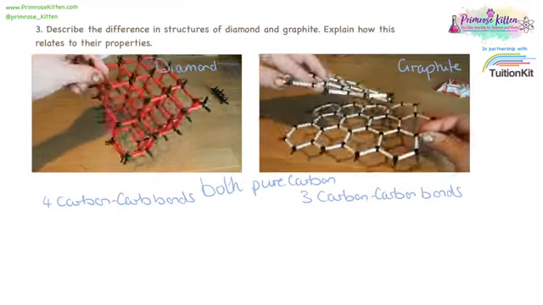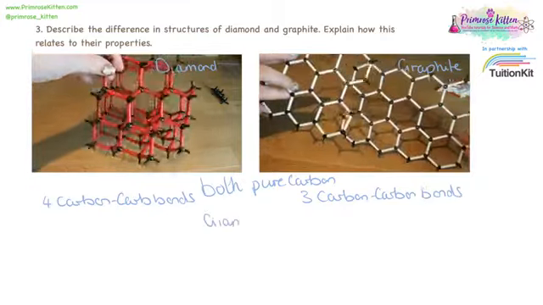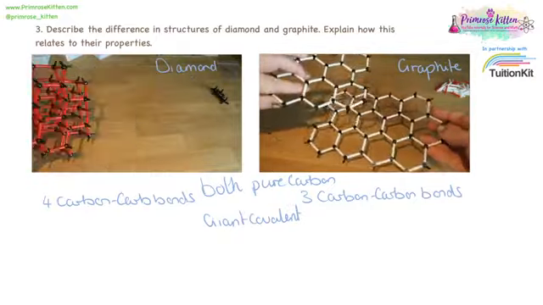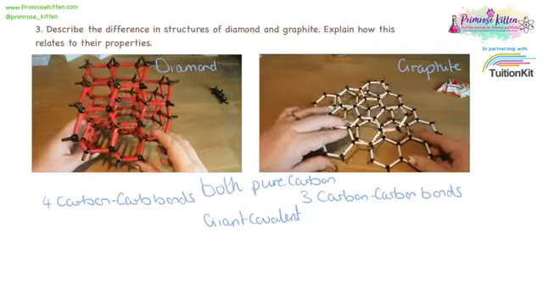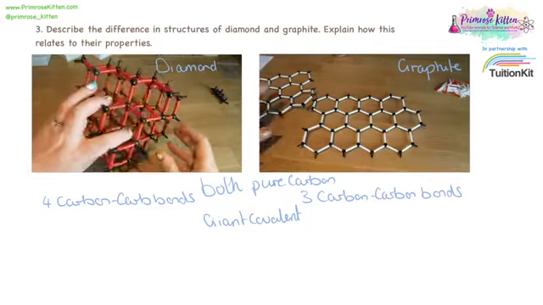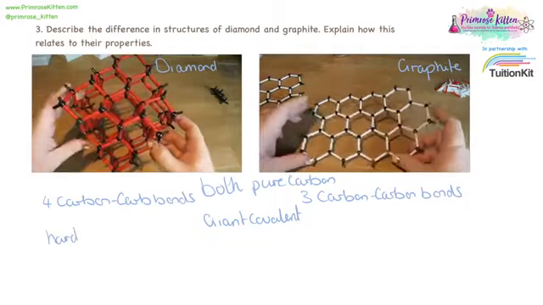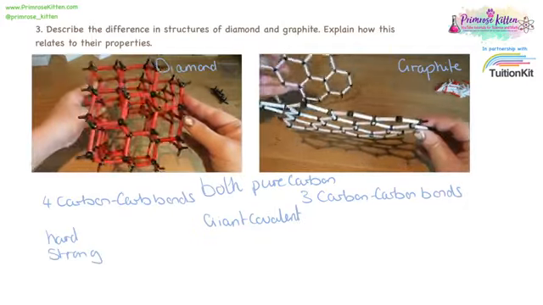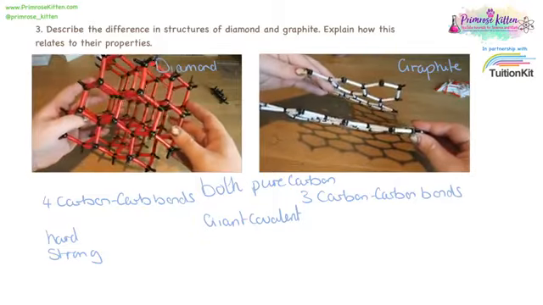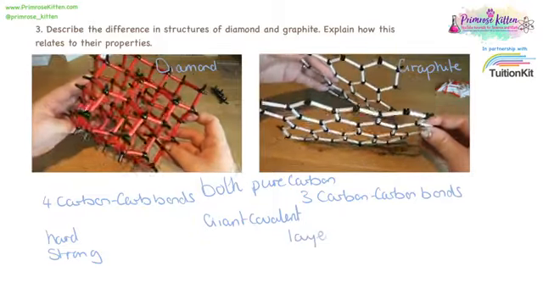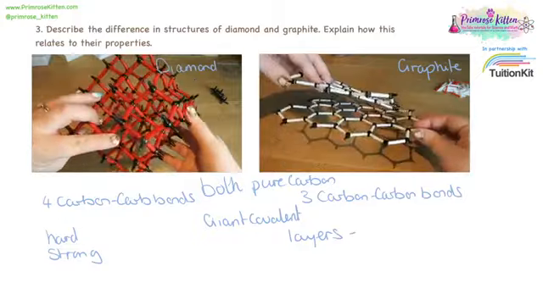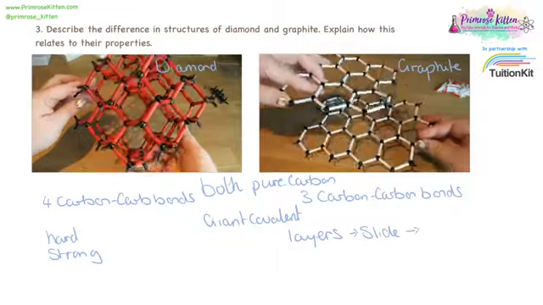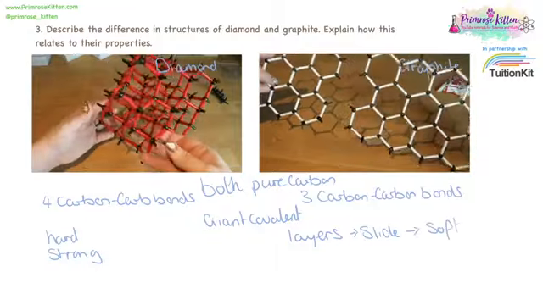They are both giant covalent, but because diamond makes the 4 carbon-carbon bonds, it is going to be hard and strong. Whereas because graphite makes 3 carbon-carbon bonds, it is going to have layers that can slide, which means that graphite is going to be soft.